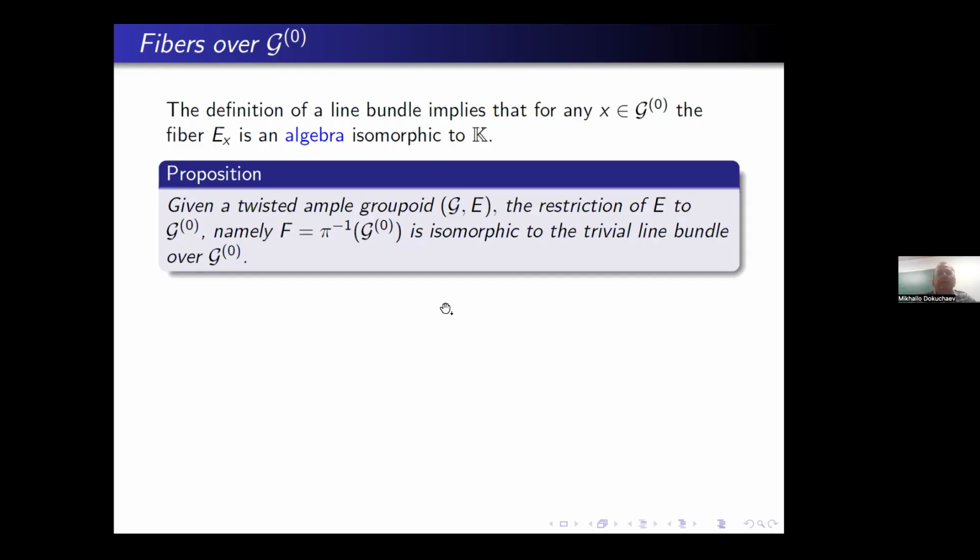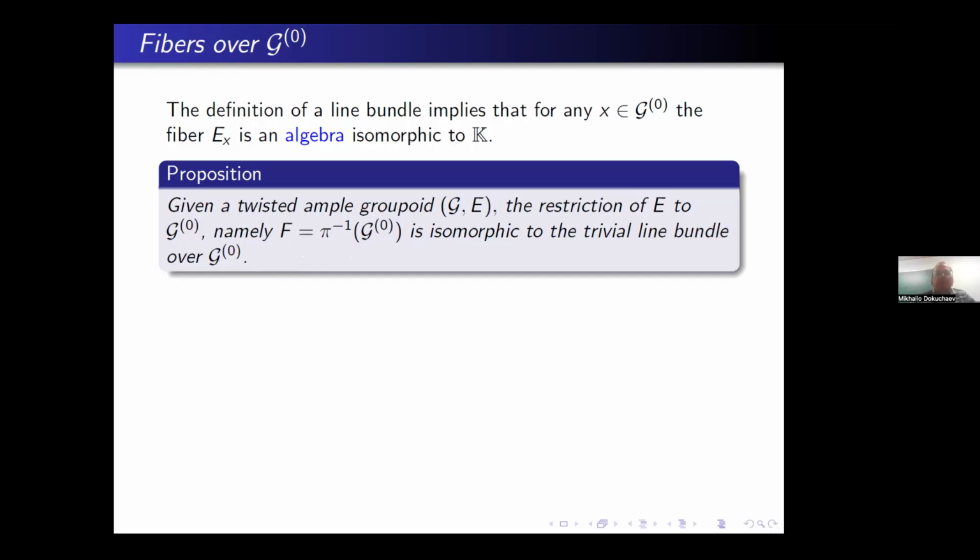Now, if we have a twisted ample groupoid, we consider the restriction of this bundle over the unit space, right? And then we prove that this restriction to the unit space is isomorphic to a trivial bundle over the unit space, right?